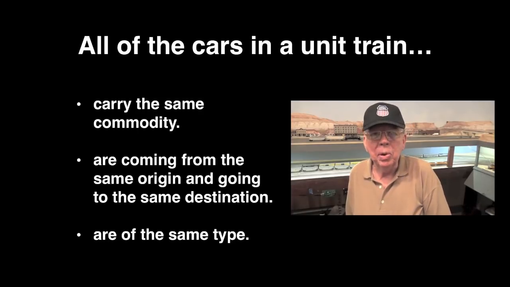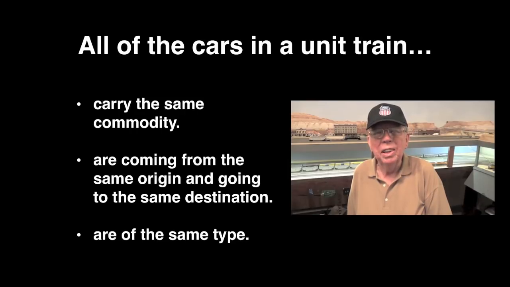And since unit trains carry only one commodity, all the cars on the train are of the same type. For example, all of the cars on the train are coal hoppers, covered hoppers, or tank cars. Normally, the locomotives pulling the unit train stay connected to the unit train from the train's origin to its destination.